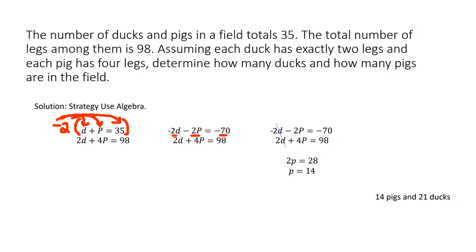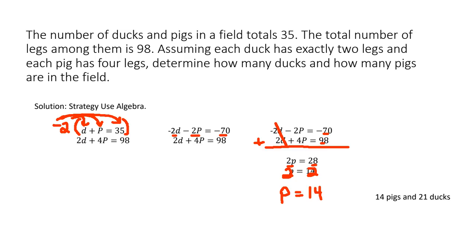The reason is that I want to cancel my variable D. If I add these 2 equations together, -2D plus 2D is 0, -2P plus 4P gives me 2P, and -70 plus 98 gives me 28. If I divide by 2 on both sides, then I get P is equal to 14.